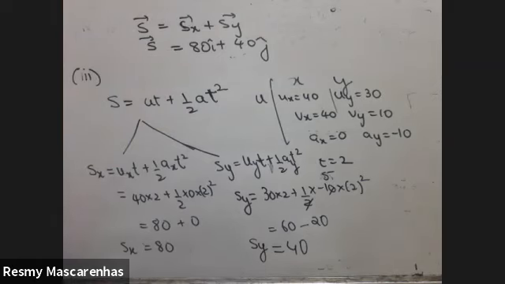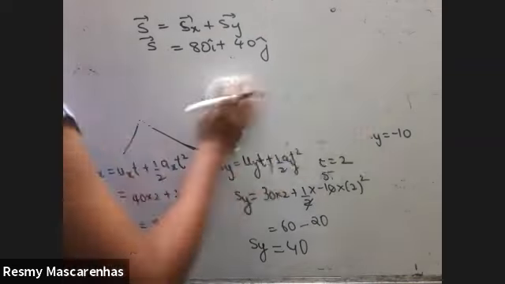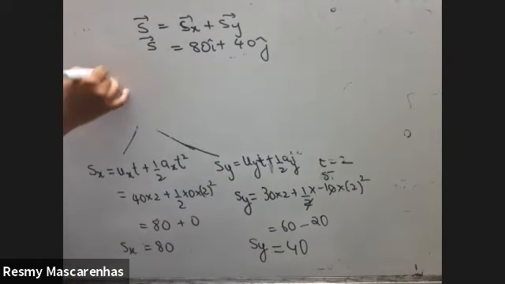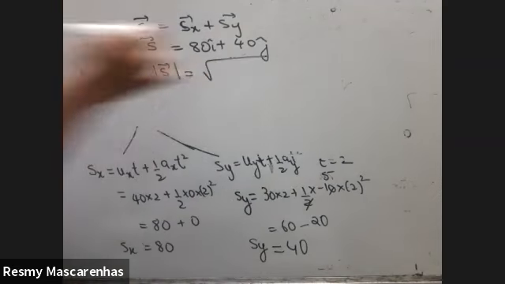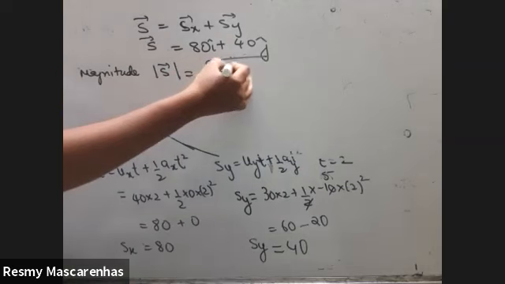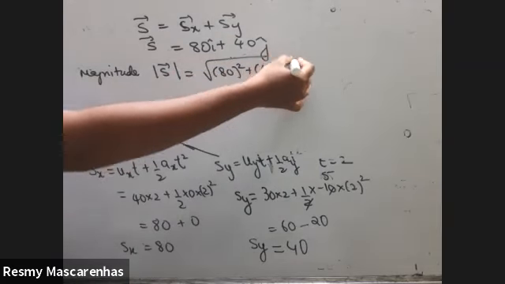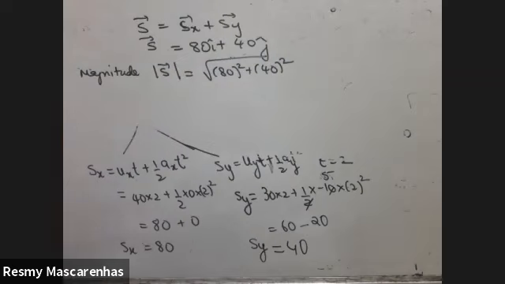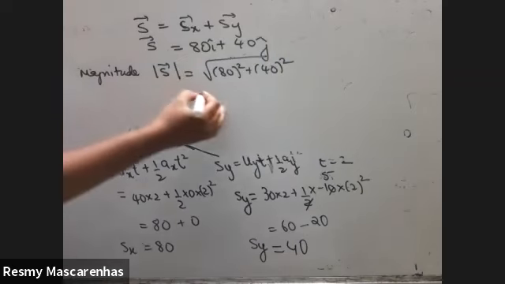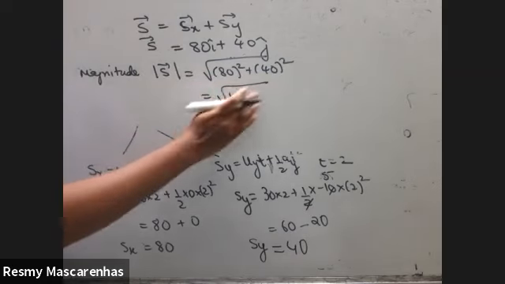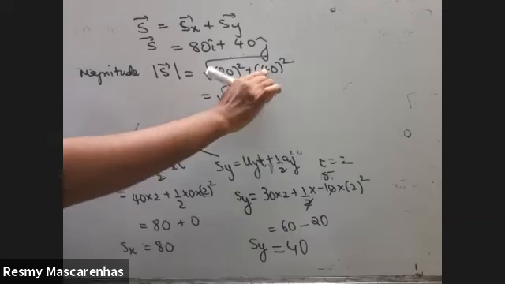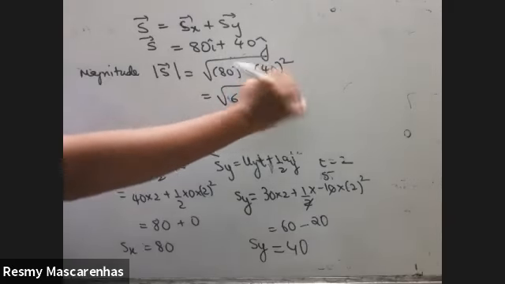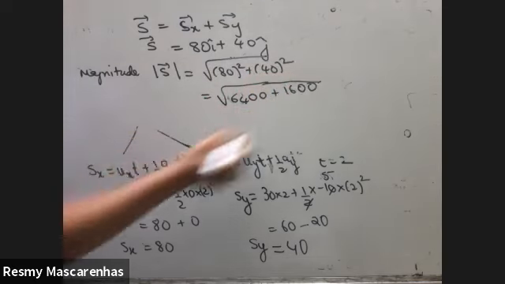Now suppose we want to know the proper value, the magnitude, the proper distance form. It will be the square root of 80 square plus 40 square. 8 square is 64, and since this is a square, the zeros double. Same way, 4 square is 16 and the zeros double.